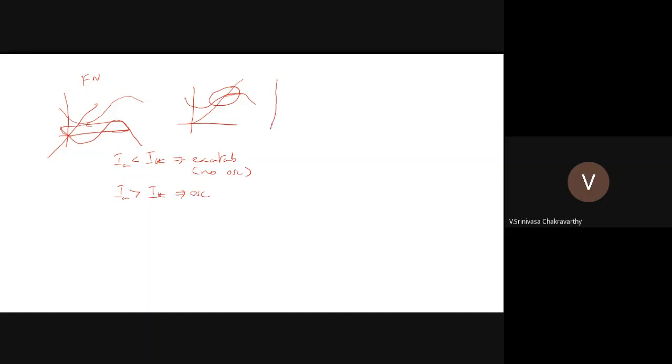And even if you look at Morris-Lecar, essentially the same thing. The only thing is in this case, again you have an N-shaped nonlinearity for the V null line. The other null line is not a straight line, but looks like a sigmoid. Here also you have three cases: the sigmoid intersecting it here, intersecting it here, and so on.